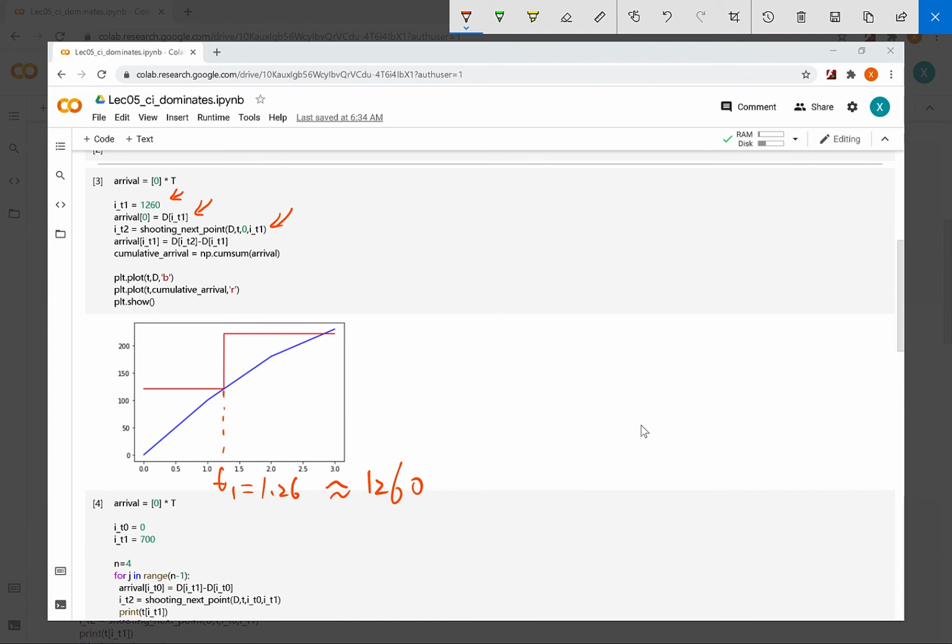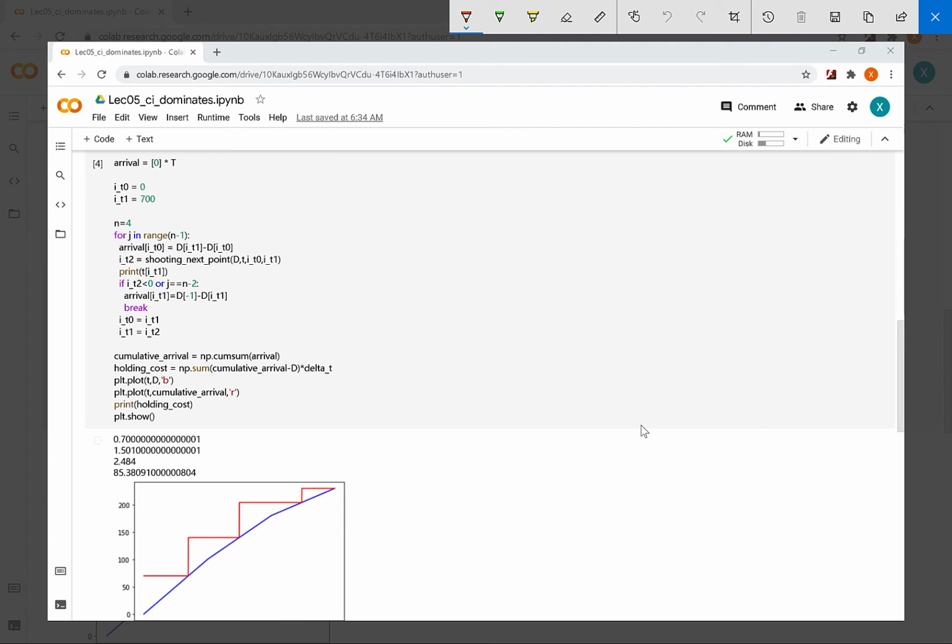After we obtain t2, based on our shooting method, we can calculate the shipment. The load of this shipment is determined by dt2 minus dt1, which is this line. And finally, we can calculate the cumulative arrival to generate the cumulative arrival curve. Then as we plot, the blue one is the demand line, and the red one is the cumulative arrival line.